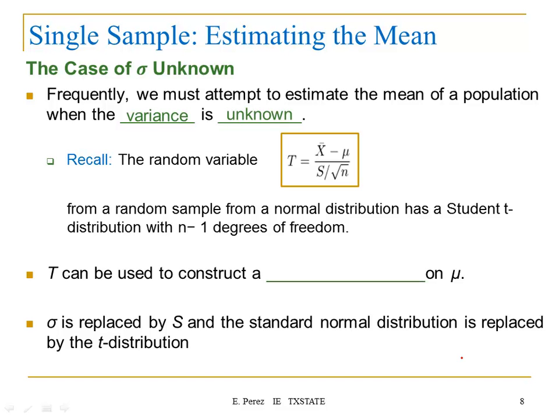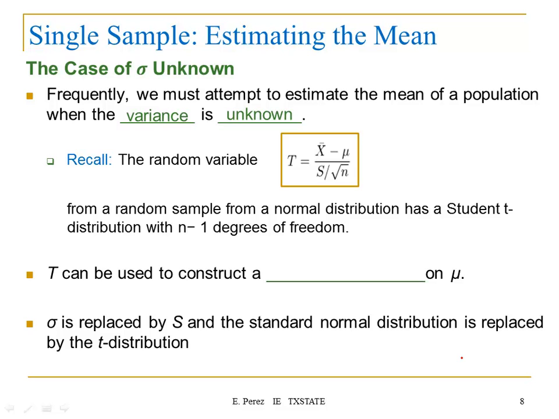So we don't know anything about the population, and we're going to base our confidence intervals on the information we get from our sample. In order to do that, we need to remember our chapter on sampling distributions. When you were dealing with the estimation of the variance, you remember using this random variable t.